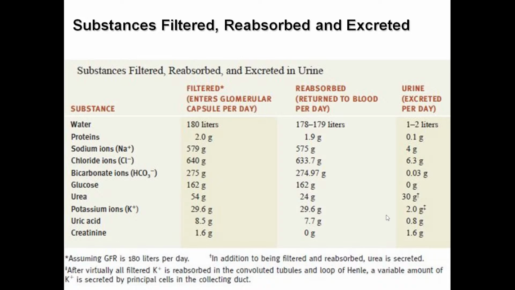So for water, as you can see, and many solutes, up to 98 or 99% of the filtrate will be reabsorbed back into the blood. So here you can see only 1 to 2 liters out of approximately 200 will be excreted per day.